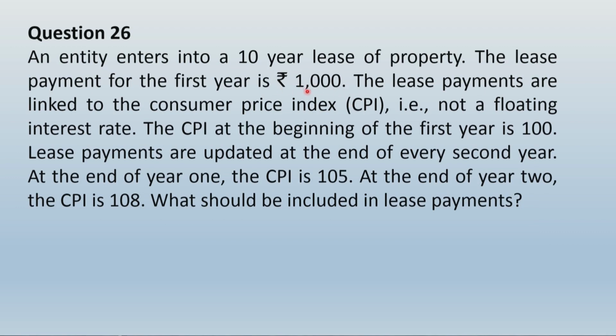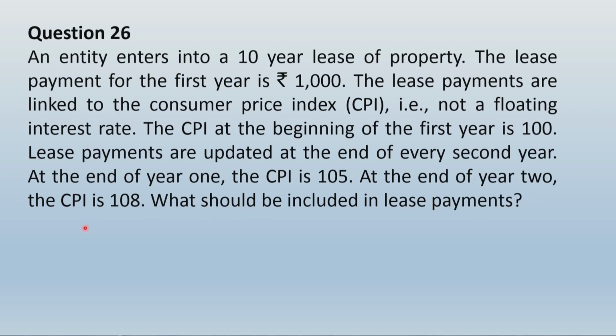So initially lease payment fixed was 1000 for the first year, and the base index was 100. So even though CPI has changed by end of year 1, you will not give effect of this CPI over the lease payment. That means lease payment for year 1 will be 1000, year 2 will also be 1000.